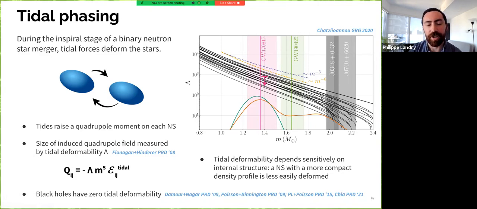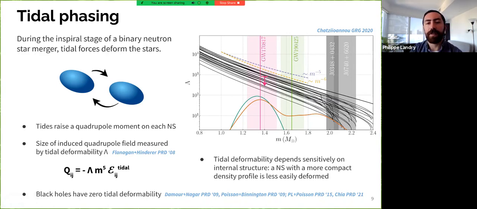There's been debate in the literature, but fundamentally black holes are vacuum solutions, and tidal deformability is expressing something about how gravity is moving fluid elements, moving matter around in the star. And so it sort of makes intuitive sense that black holes should have zero tidal deformability, but this has been shown in various works cited down here.